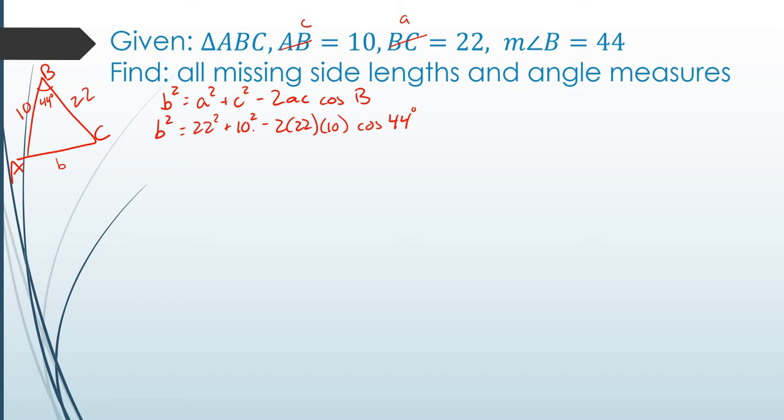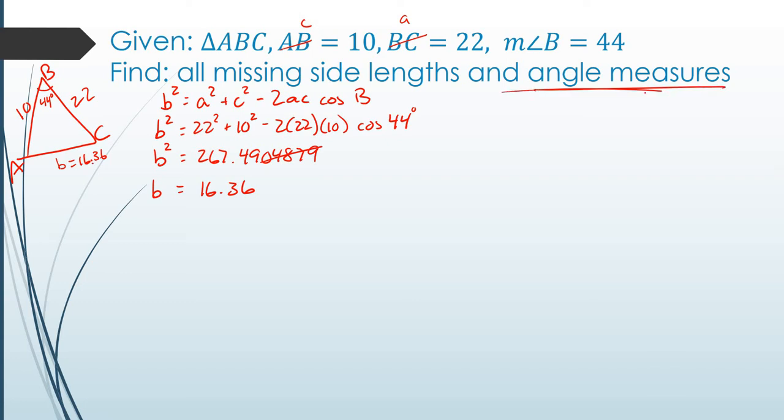So all you have to do is plug all of that into your calculator. If you do that, you should get 267.4904879, and you can just use 267.49. Taking the square root of that, b is 16.36.